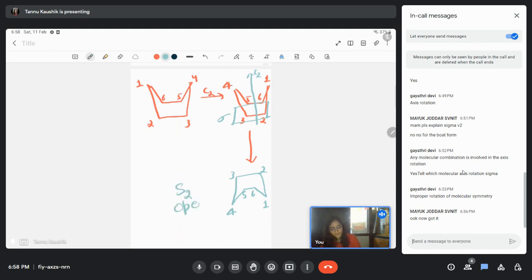So after performing this S2 operation, the improper axis of rotation you were asking about, we got this configuration.